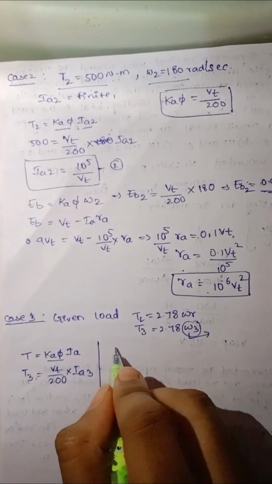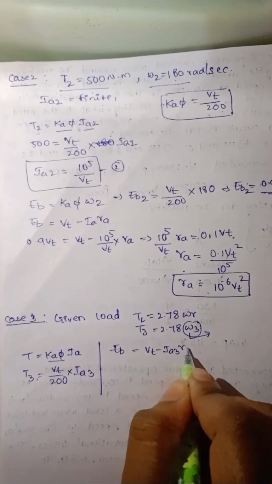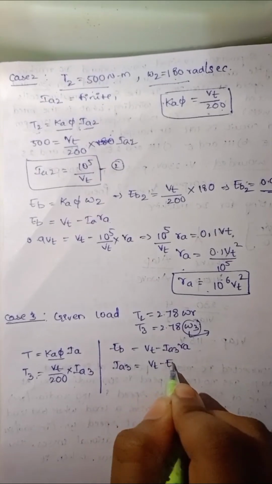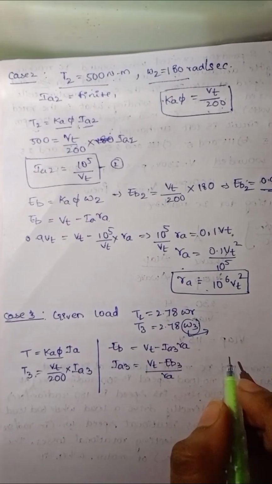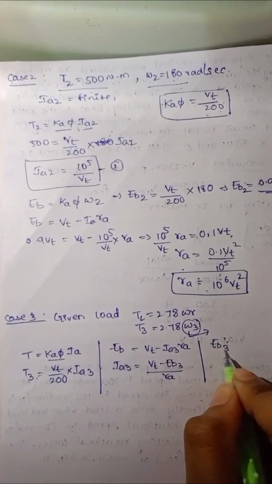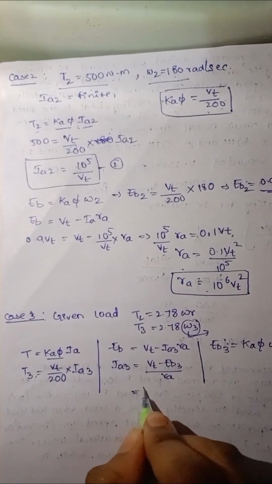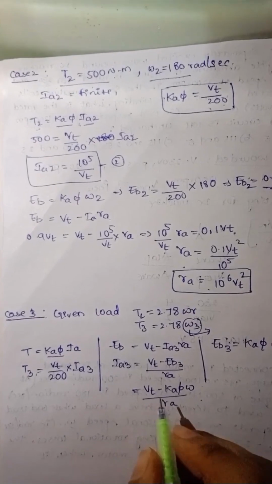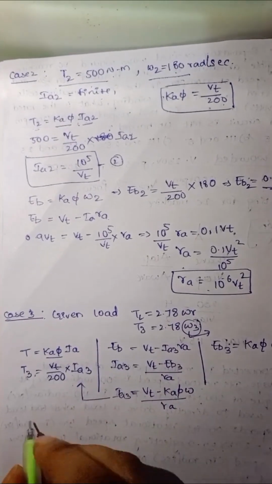From the back EMF formula, Vt minus Ia3 into Ra, so Ia3 becomes Vt minus Eb3 by Ra. Eb3 is equal to Ka phi omega, so Ia3 is Vt minus Ka phi omega by Ra. Substitute this Ia3.